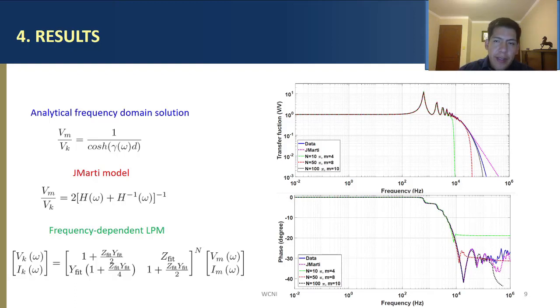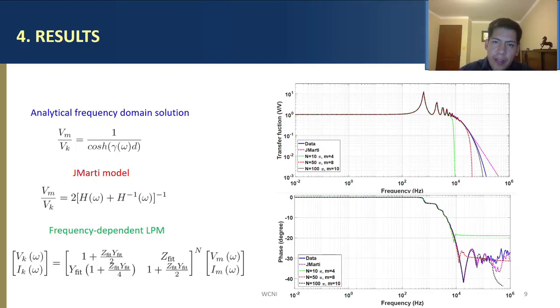We also presented how the frequency response of the frequency-dependent lumped parameter model varies as a function of the number of poles used to fit the longitudinal impedance and as the number of cascaded elements used to represent the transmission line. We can see here, for example, that a transmission line that is fitted with 4 poles and that has a cascade of 10 frequency-dependent pi sections can only represent the transmission line up to 10 kilohertz.